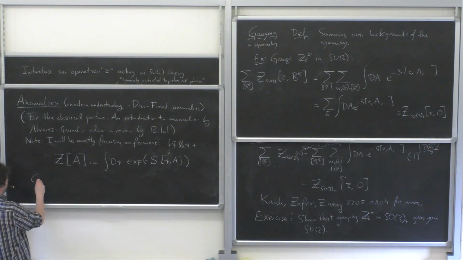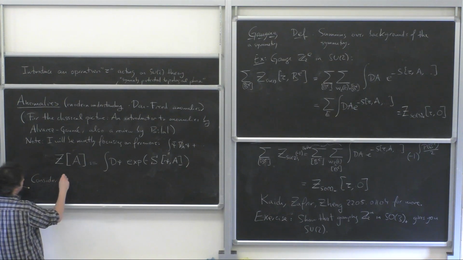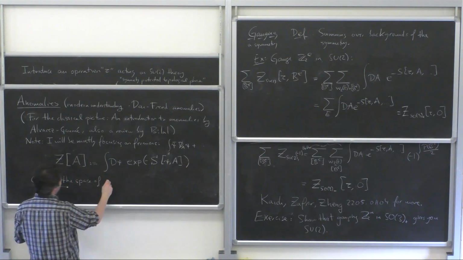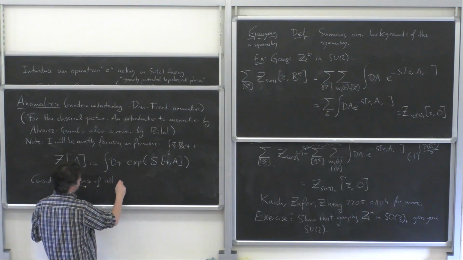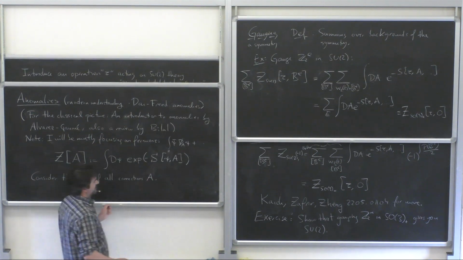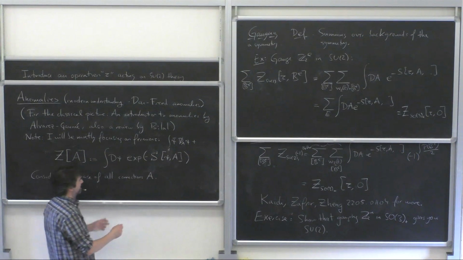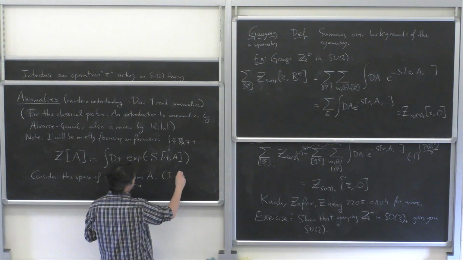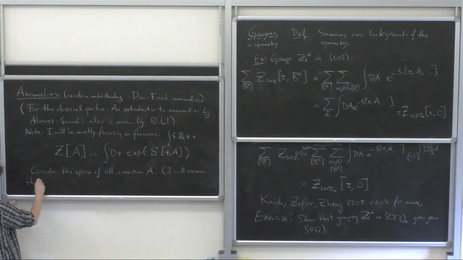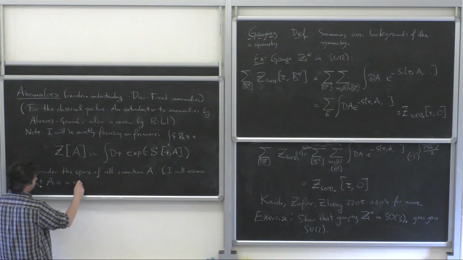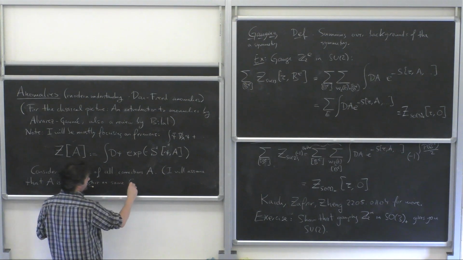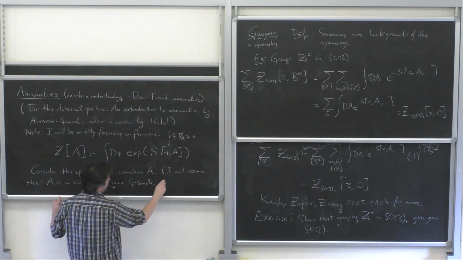So consider the space of all connections A. Just to make this geometric picture prettier and easier to understand, I will assume that A is a connection on some G bundle, and G is continuous.